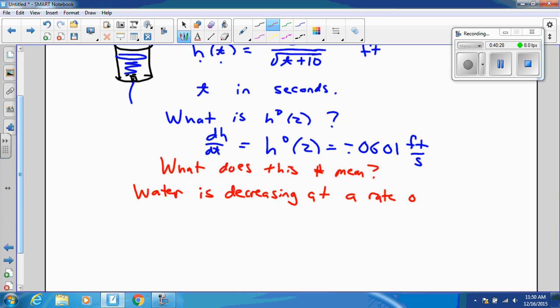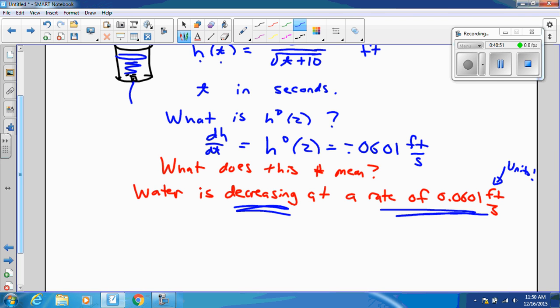So this is the first component of my answer. Water is decreasing at a rate of 0.0601 feet per second. This is the first magic word that my answer needs: it is decreasing. And I know it's decreasing because the derivative is negative.